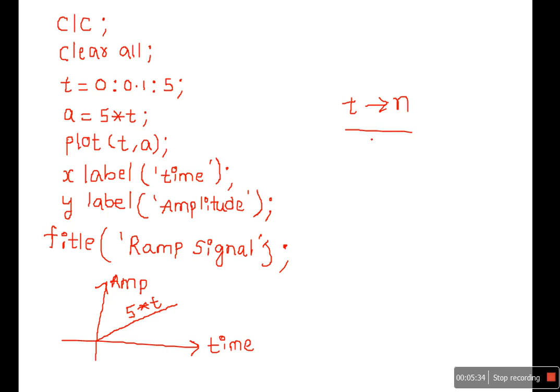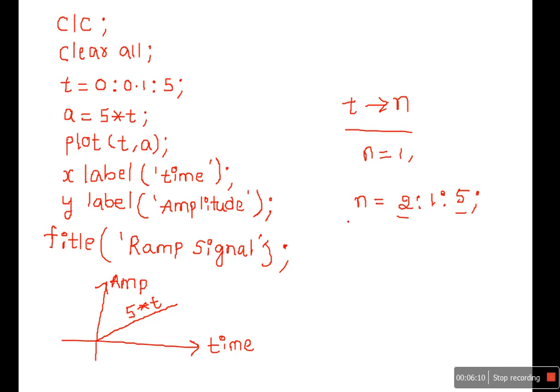The step size, in previous we have given 0.1, but here I should give an integer. So I am giving 2 to 5, where 2 is the starting value, 5 is the end value, and step size I am giving as 1. So the time index is 2:1:5. So the starting time is 2, ending time is 5. So 2, 3, 4, 5. These 4 samples of discrete values are taken.